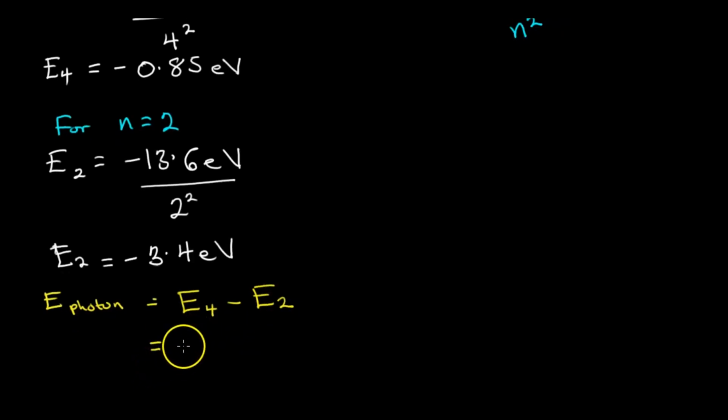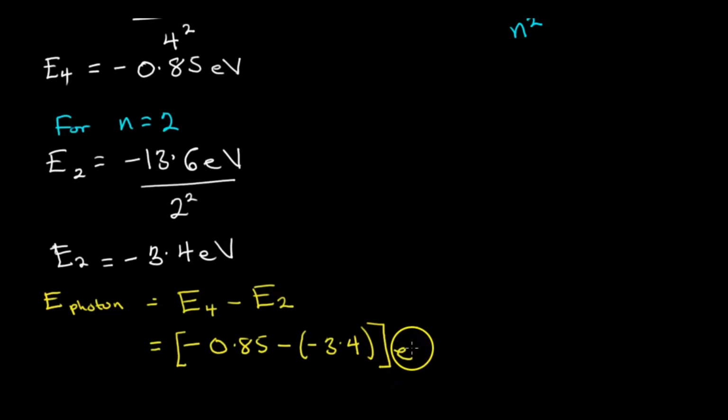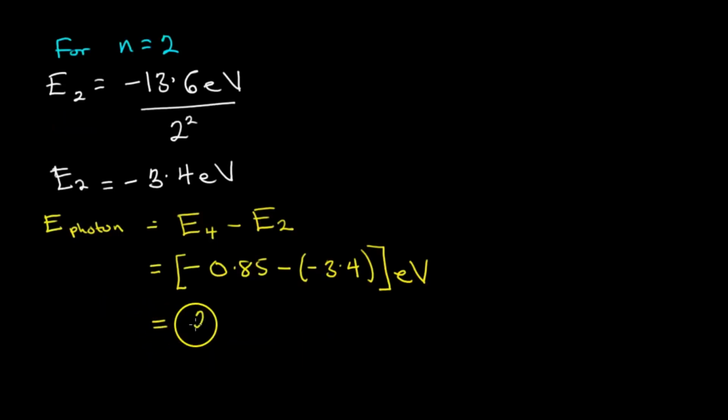Our E4 is negative 0.85 electron volts minus negative 3.4 electron volts. So let me put all these in square brackets and give them just 1 electron volt, and this is equal to 2.55 electron volts. So this is the energy of the photon in electron volts.